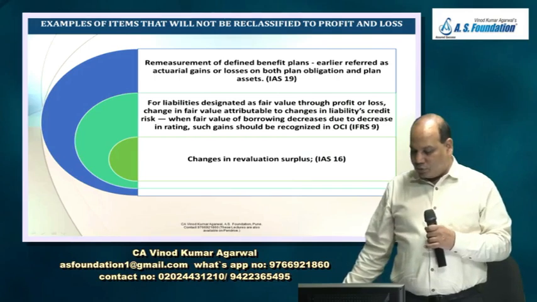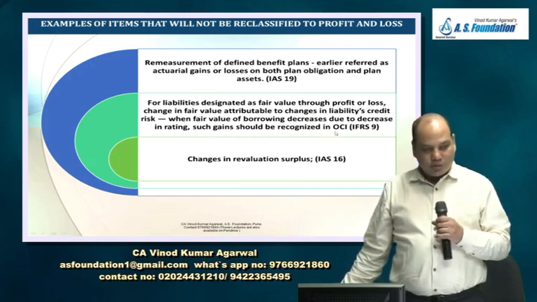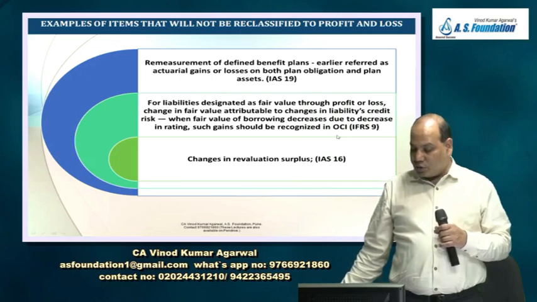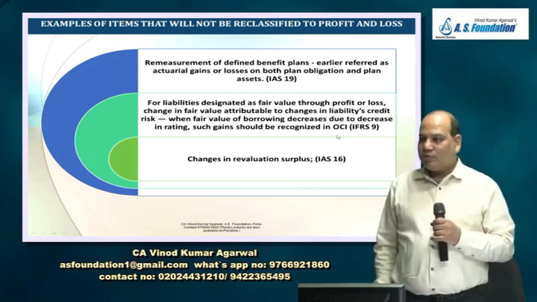When the fair value of borrowing decreases due to a decrease in rating, such gain should be recognized in OCI. This we'll discuss in IFRS 9, and at that time you will understand better. Once it goes into OCI, it will not be recycled to profit or loss.